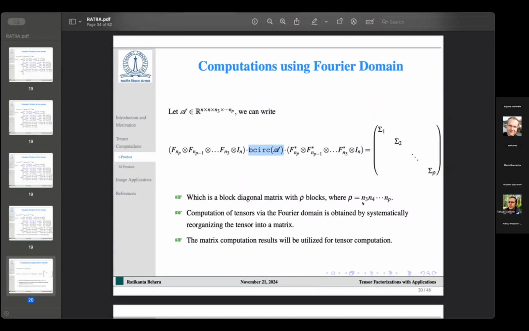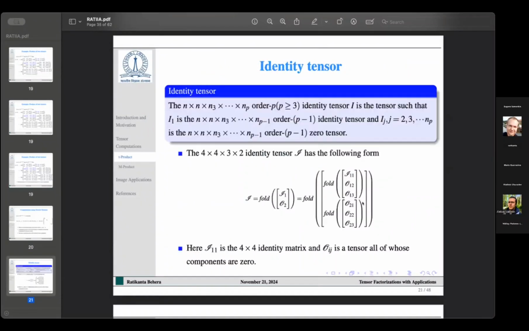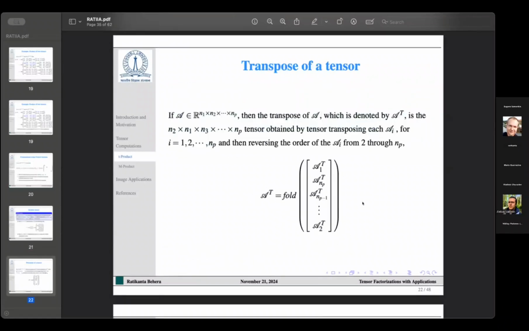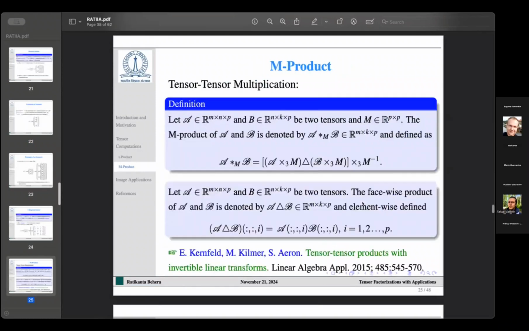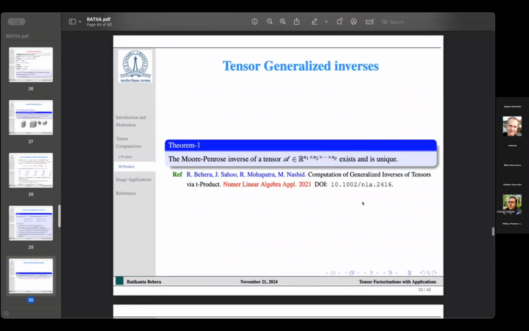The matrix computation result will be utilized for the tensor computations. Regarding the identity tensors, it is difficult to go through all of this. However, I'm just showing the transpose and then the F diagonal tensors, which means each frontal slice is diagonal. Because of the shortage of time, let's come directly to the applications.